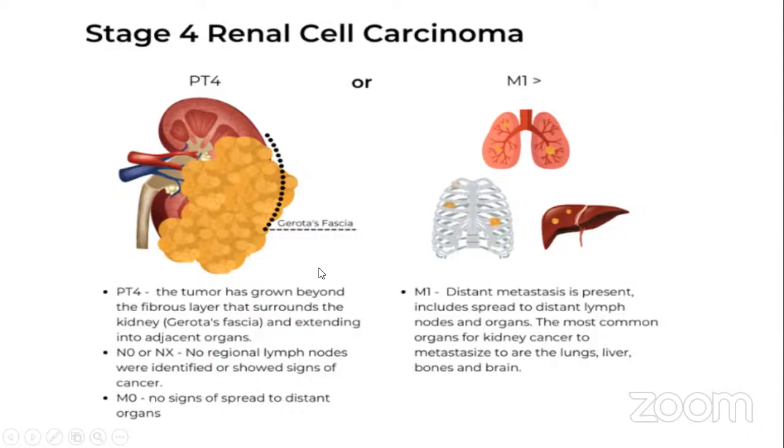So T4 is N0 and M0. The distant metastases include lymph nodes, or also most commonly for kidney cancer, metastasis to the lung, bone, liver, brain.